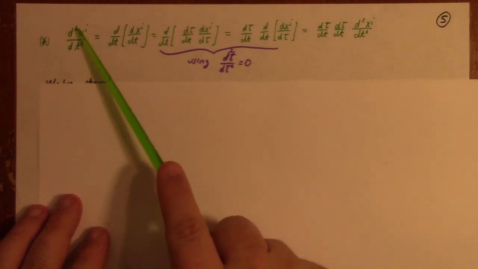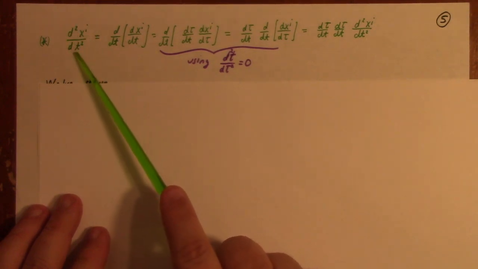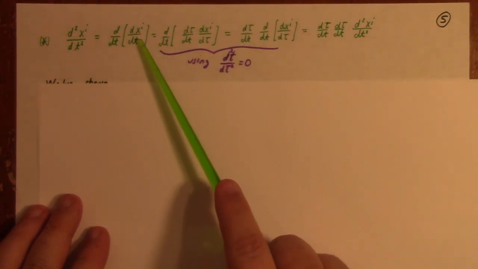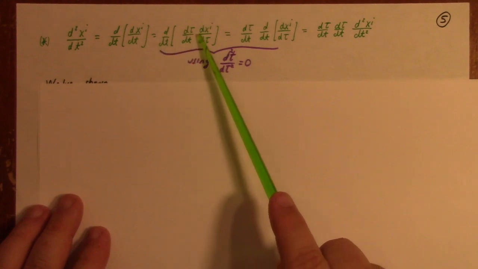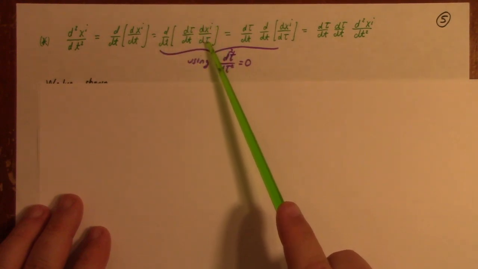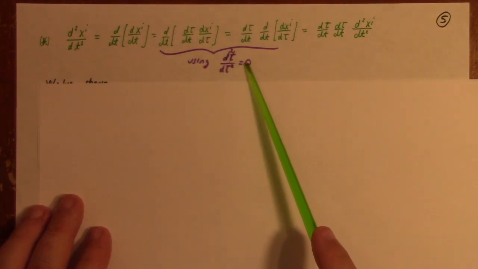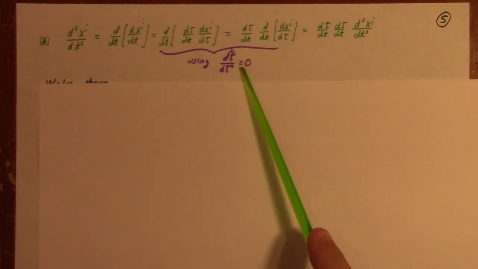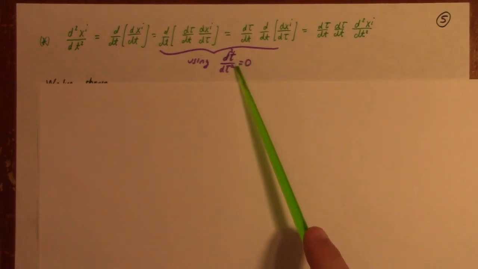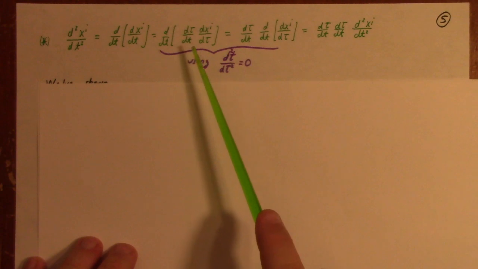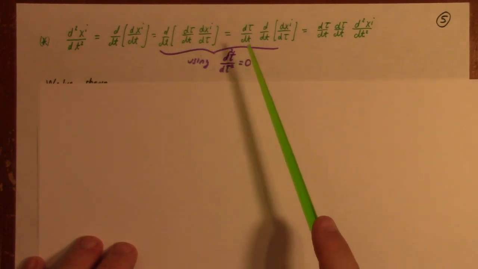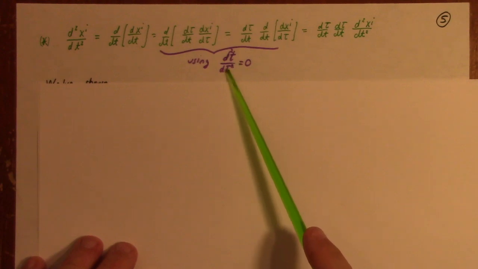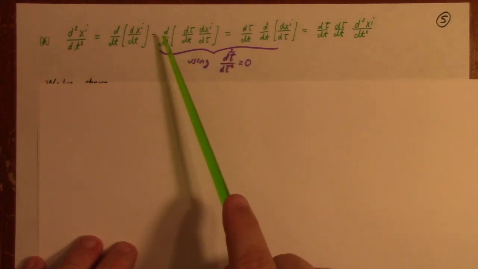So d squared xi dt squared is d/dt of dxi dt, which by the chain rule would be d/dt of d tau dt times dxi d tau. But from the zeroth component of the geodesic equation, d squared t d tau squared is 0, which means that dt d tau is constant with respect to t. So I guess technically I have to do another chain rule.